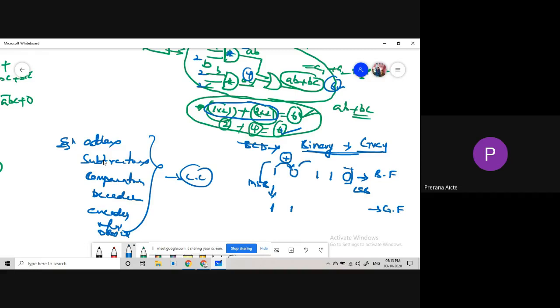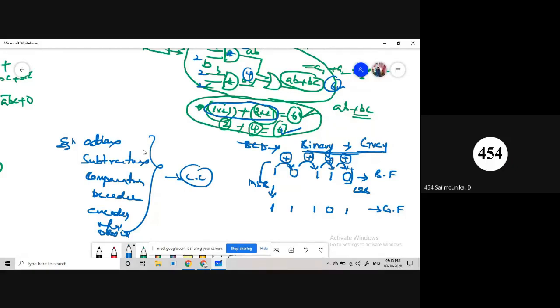Then again, 0 and 1 gives 1. Then 1 and 1 gives 0. Then 1 and 0 gives 1. So the gray code representation of 10110 is nothing but 11101.